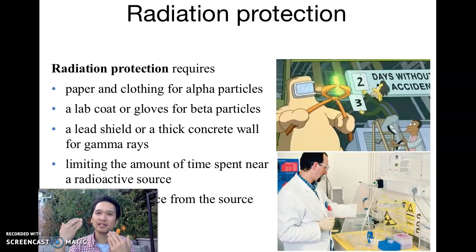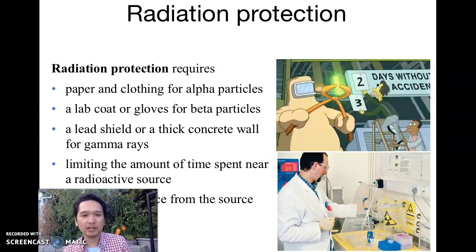Remember that to protect ourselves, we don't want the radiation to penetrate into our body and get into our cells and DNA, right? So depending on the radiation particle that you're dealing with, you would have different measures of protection. For example, if it is an alpha particle, then things that are as thin as paper or clothing are good enough to protect you.